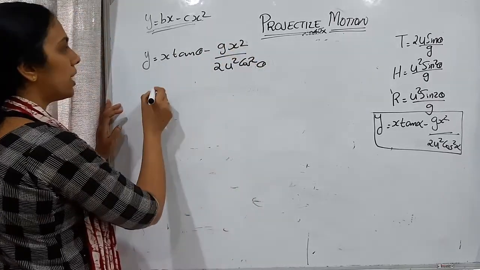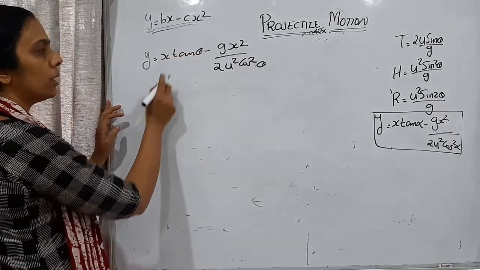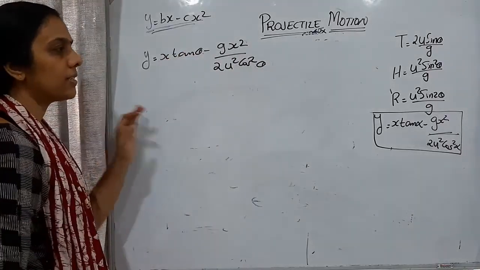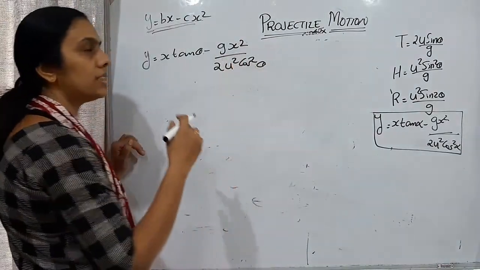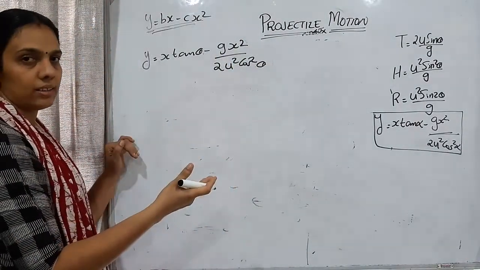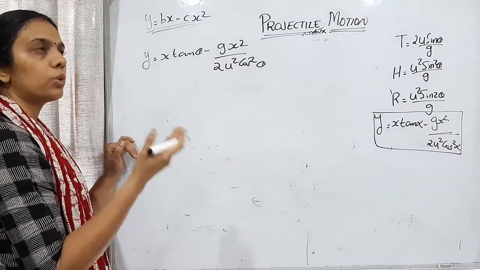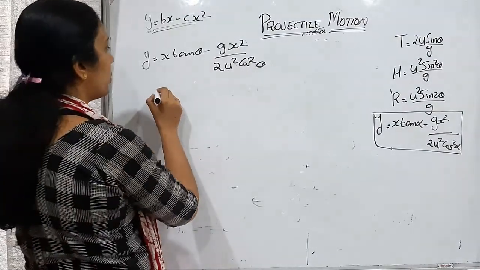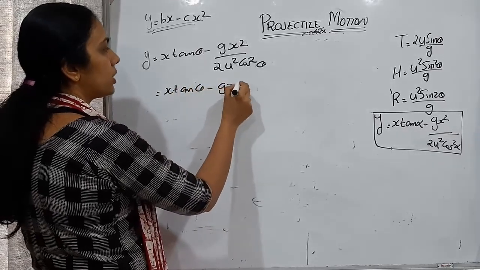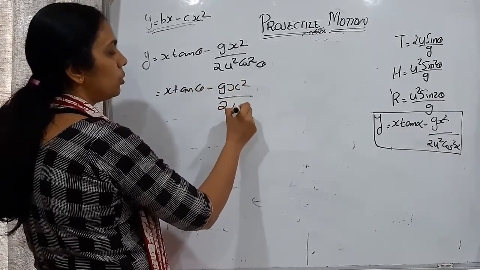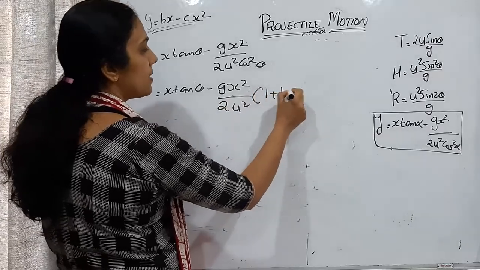I am just rearranging this in terms of tan theta only, because having both tan theta and cos theta will be difficult, right? So 1 by cos square theta, we can write as sec square theta. Sec square theta will be equal to 1 plus tan square theta.